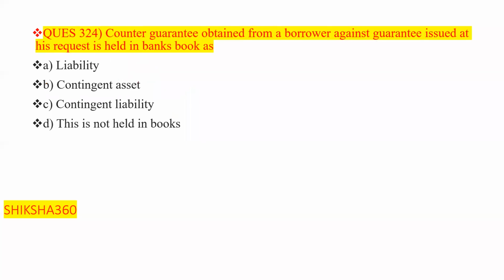Now move to the next question, 324. A counter guarantee obtained from a borrower against a guarantee issued at his request is held in the bank's books as: liability, contingent asset, contingent liability, or this is not held in the books.